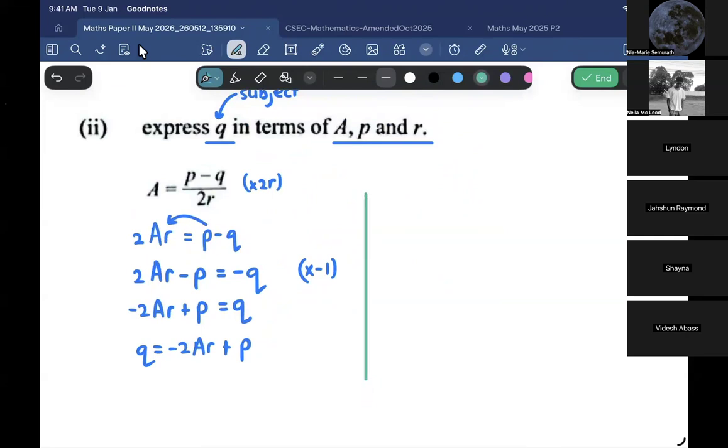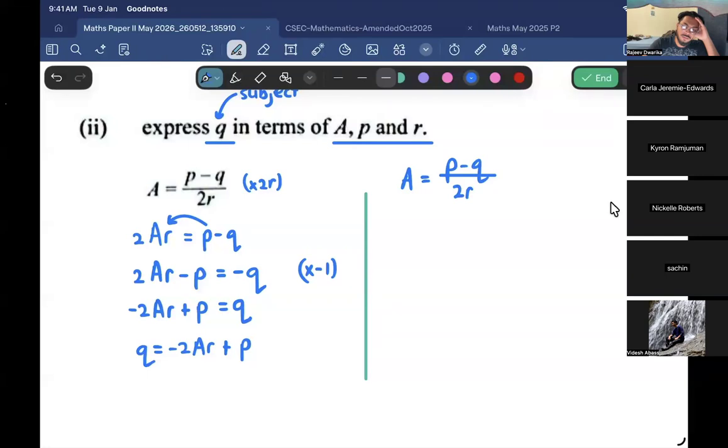Right? So we're starting off the same way. So we have a is equal to p minus q all over 2r, right? We do not like fractions, so again, I can multiply by what on both sides? 2r. I can multiply by 2r on both sides since I hate working with fractions. If I do that, what am I going to end up with? 2ar.